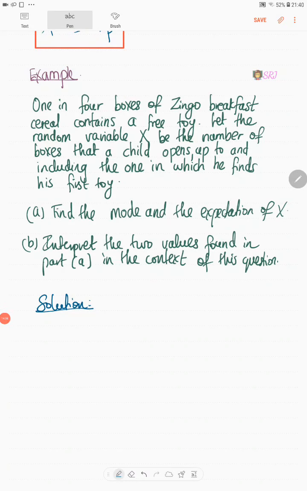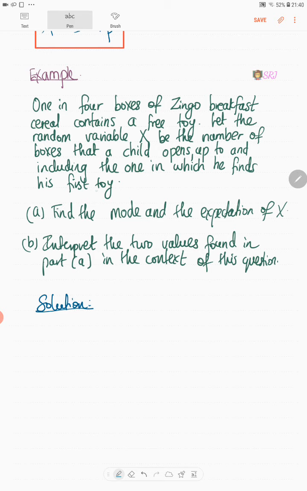Let's now take an example on mode and expectation. 1 in 4 boxes of Zingo breakfast cereal contains a free toy. Let the random variable X be the number of boxes that a child opens up to and including the one in which he finds his first toy.